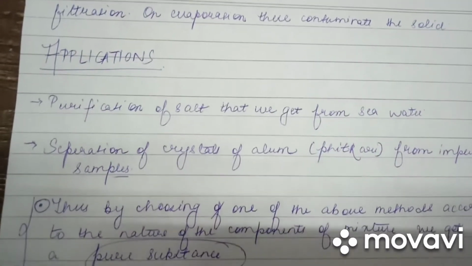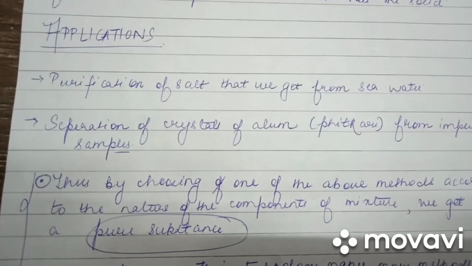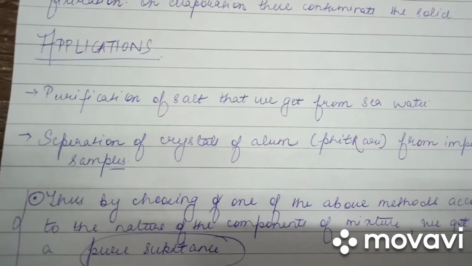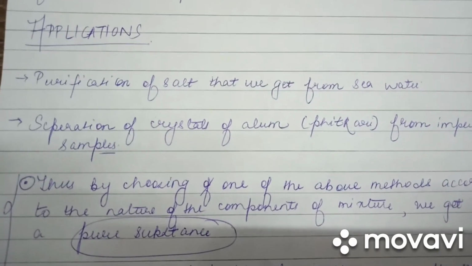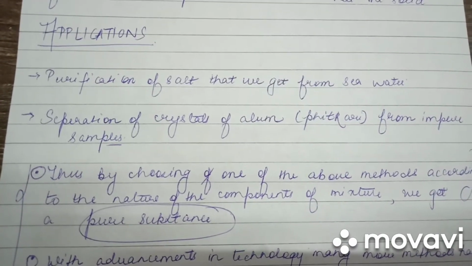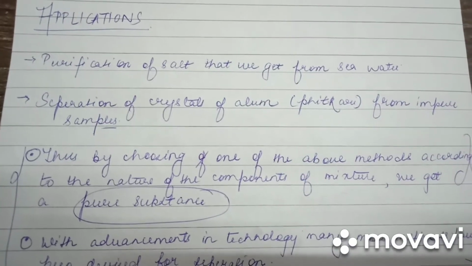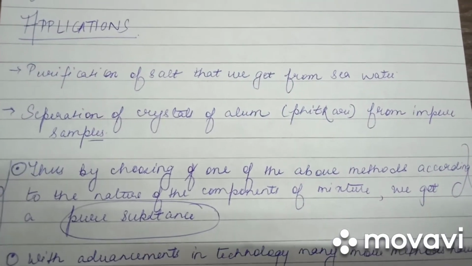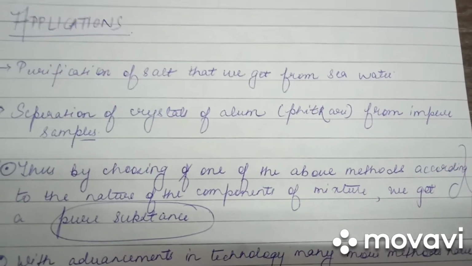Let us move forward to discussing the applications of crystallization. As discussed earlier, it is used for purification of salt that we get from seawater, as the salt obtained from seawater consists of large amounts of impurities. The process of crystallization is used for its purification. Separation of crystals of alum from impure samples.